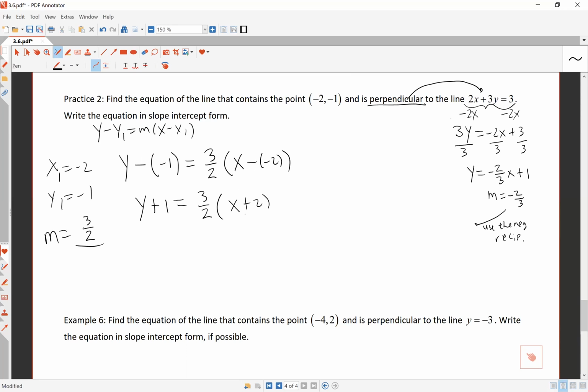Writing it in slope-intercept form requires us to clear the parentheses. We distribute the 3/2 to the x first, and then the 3/2 to the 2/1. The 2's cancel, and we're left with 3. One last step, we subtract 1 from both sides and get y equals 3/2 x plus 2.